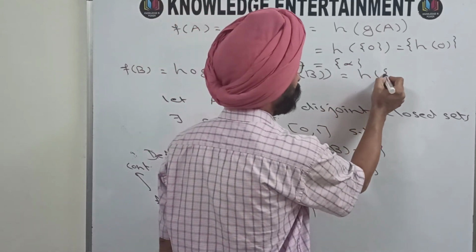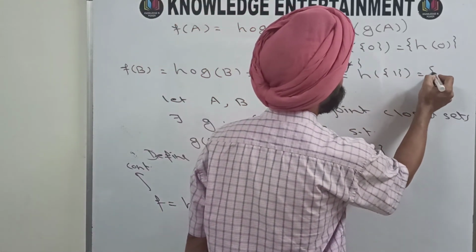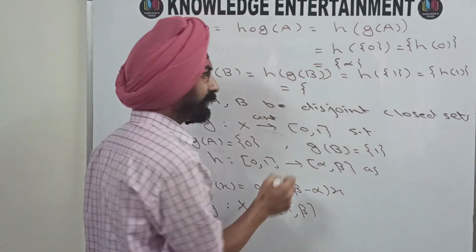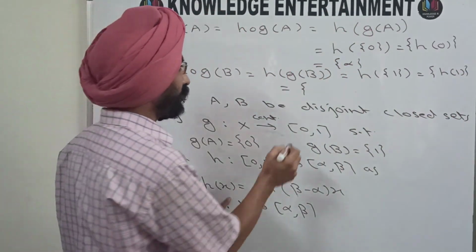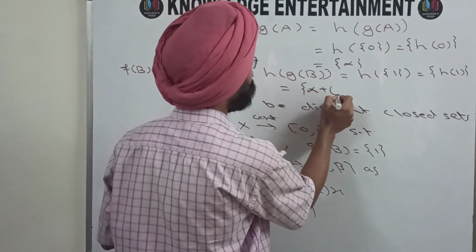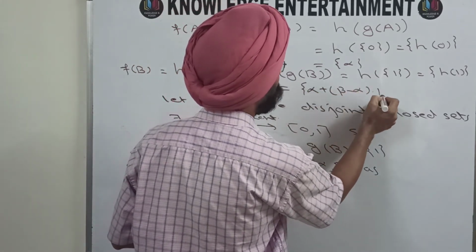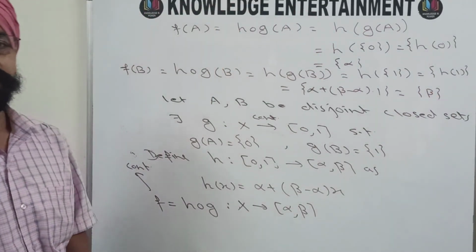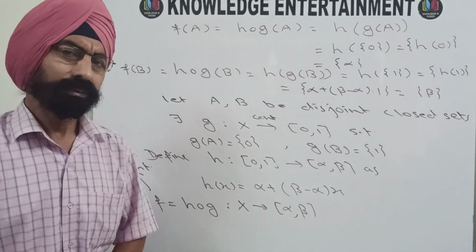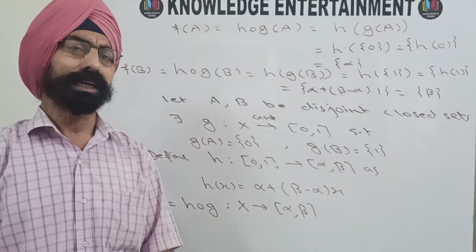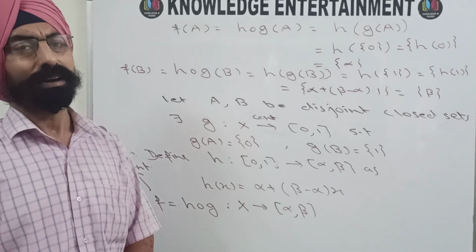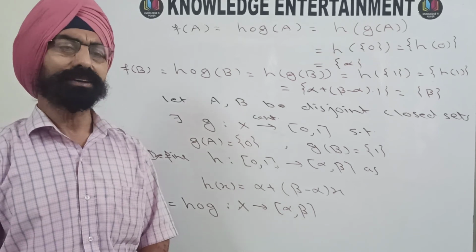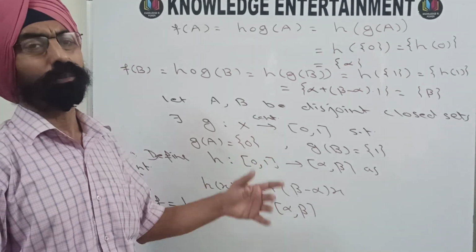So h of the singleton set {1}, the set h of 1. h of 1 is alpha plus beta minus alpha times 1, so it is beta. So what we have obtained is a continuous function f from X to the closed interval [alpha, beta], such that image of every point of A is alpha and image of every point of B is beta, and that was required to be proved. This is the general form of Urysohn's lemma.